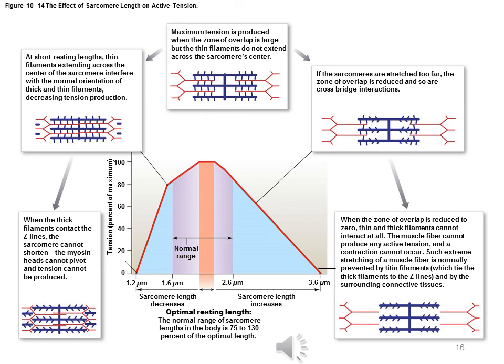So that's going to cause you not to be able to get as much of a contraction. Also, you can have a problem when the thick filaments are actually engaged at the center or come in contact with the Z-lines. What happens is then the myosin heads can't turn and they can't grab a hold of that actin, and you cannot get tension being produced.